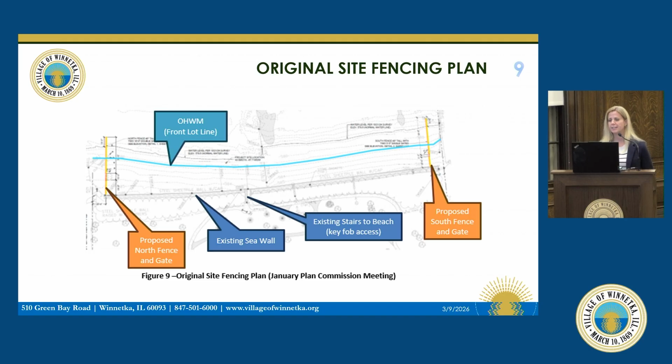The original plan seen here on this slide consisted of 2 rows of 4-foot-high chain link fencing extending perpendicular from the existing seawall at the toe of the bluff into the lake. Both sections of fencing were proposed to be approximately 20 feet from the north and south boundaries of the beach. This plan required those walking the beach to walk through the dog beach area.